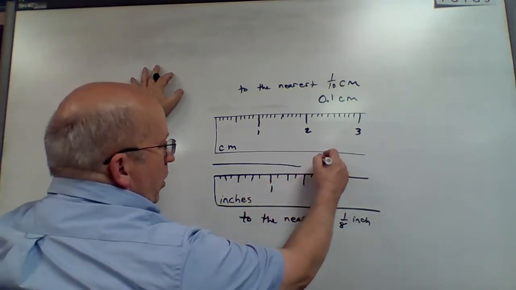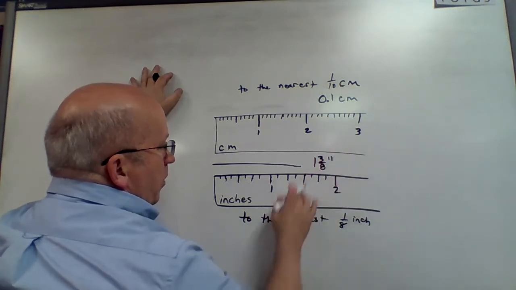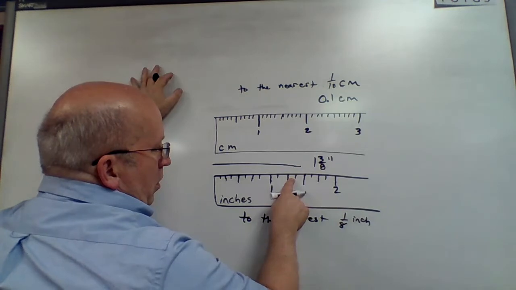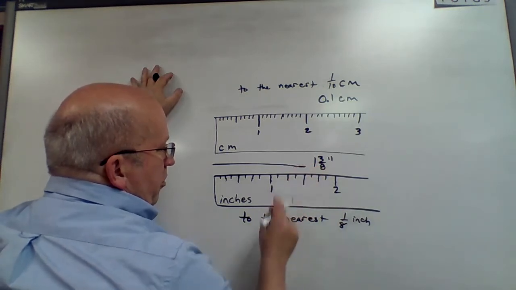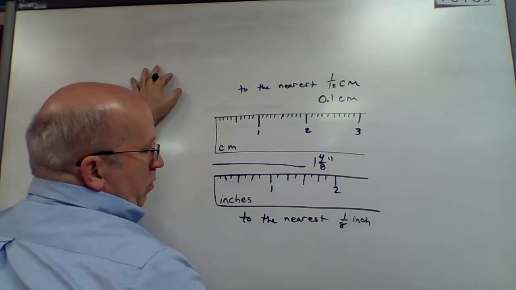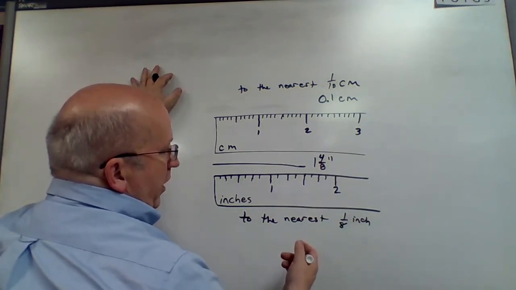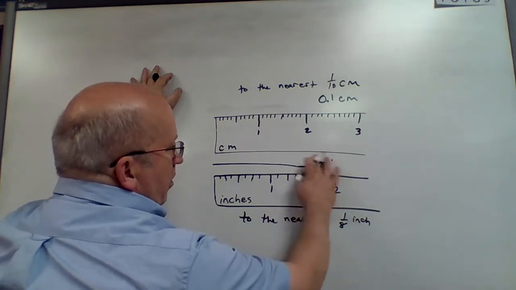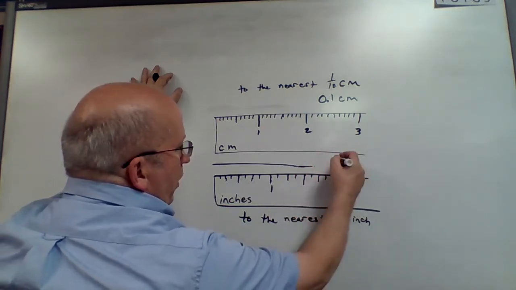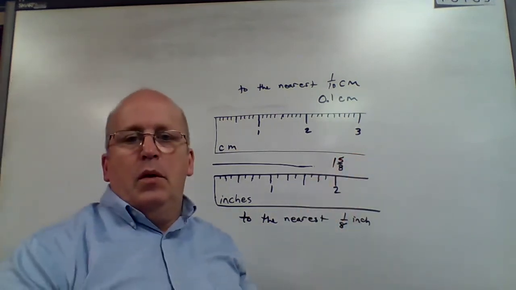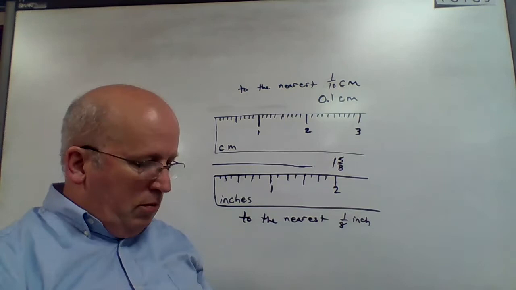I could say it's 1 3/8 inches long, approximately, because that's the mark it's closest to. And if I make it a little longer, somebody might say, no, that's 1 4/8 inches, which is the same thing as 1 1/2. If I make it a little bit longer, somebody might say, oh, that's 1 5/8 inches now, okay? So that's precision.